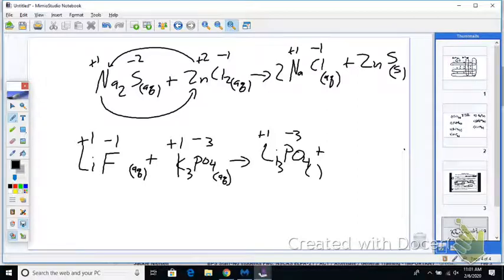It's solid. Okay, we'll look at it in a second. We look at K, goes with F. You guys are talking too much. K goes with F, and so that one's fine. And we needed 3 of these because of the charges to balance out. So now we can balance here in a second, but let's see.